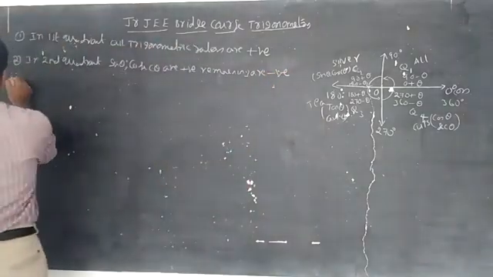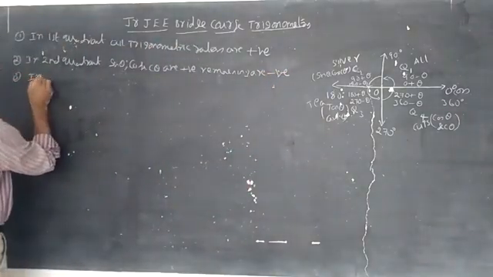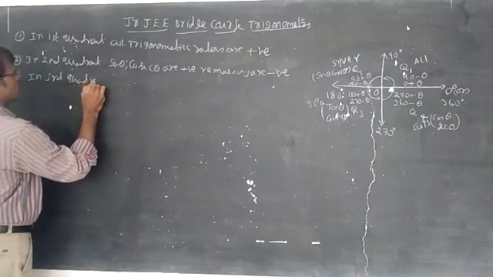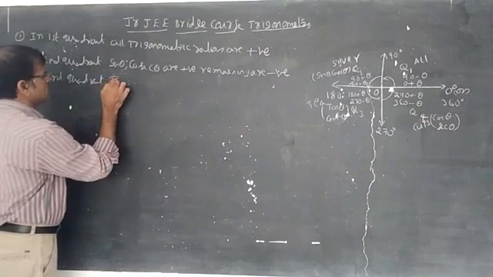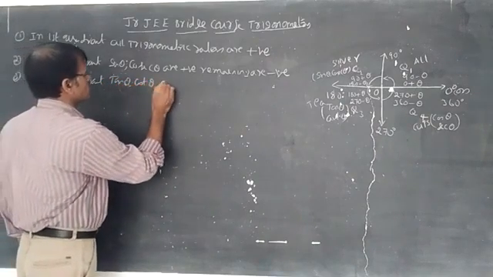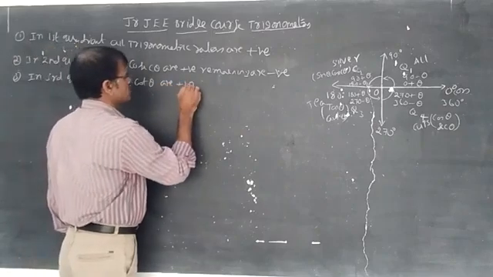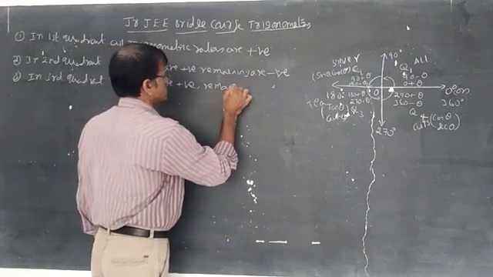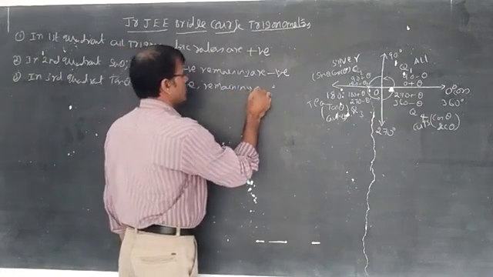Remaining are negative. Next one, in the third quadrant, tan theta, cot theta are positive. Remaining are negative.